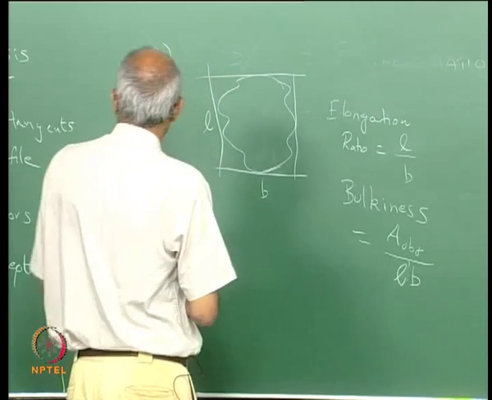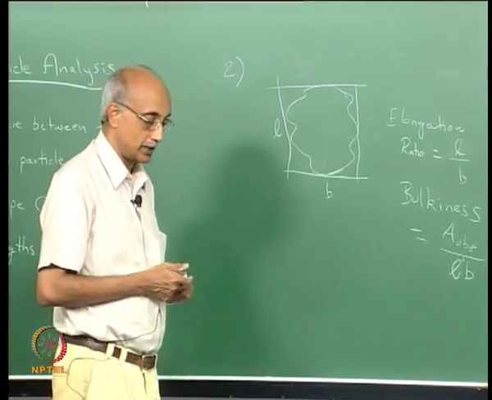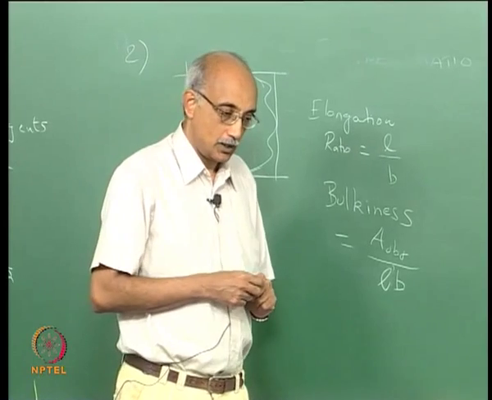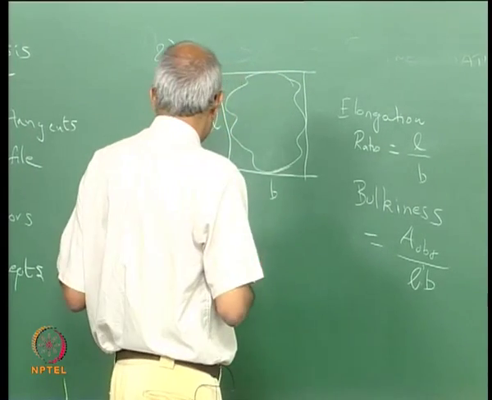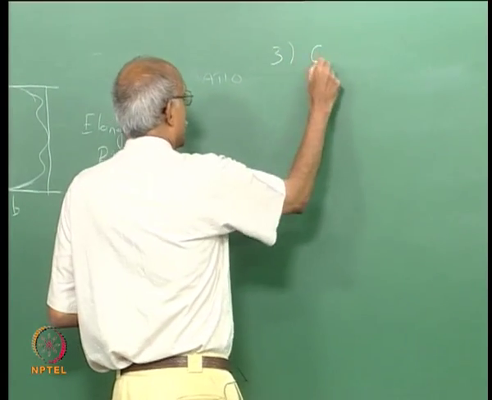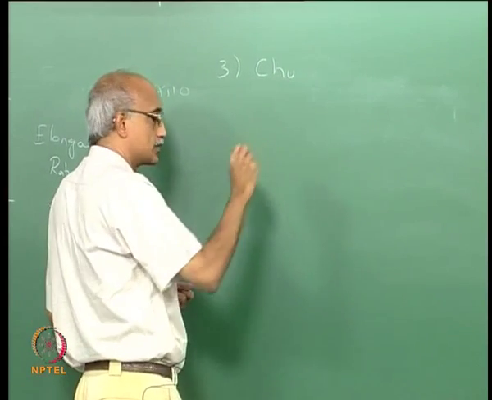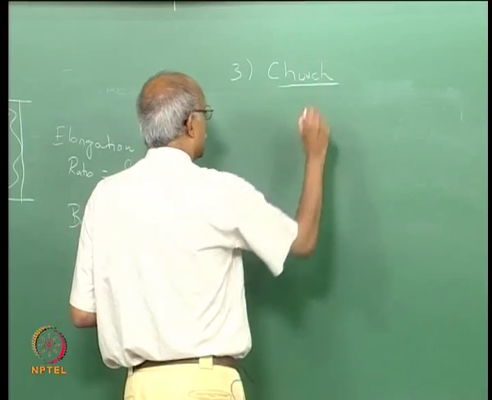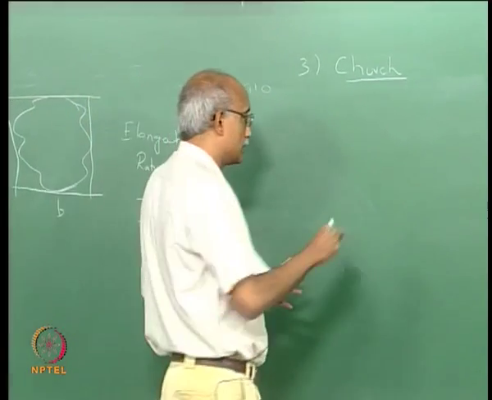Okay, so let's talk about the third type of method, which is the length of intercepts. We briefly looked at an example of this in the last lecture. There was a person by the name of, actually I guess the first one was Church, who developed the technique that I outlined in the last lecture.